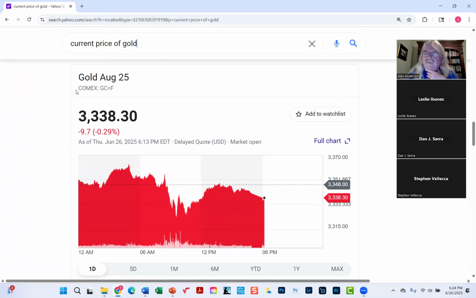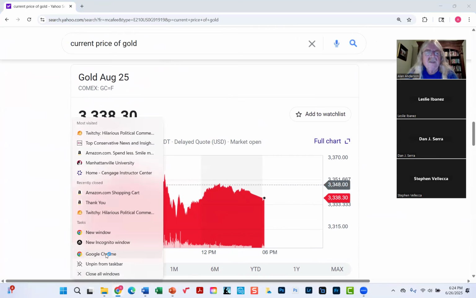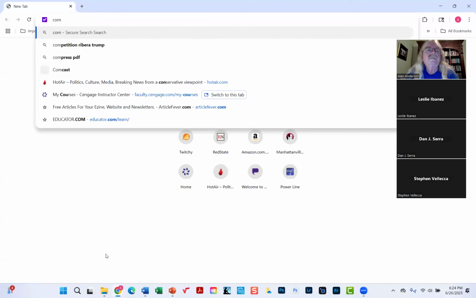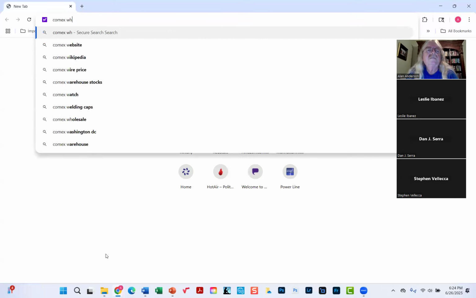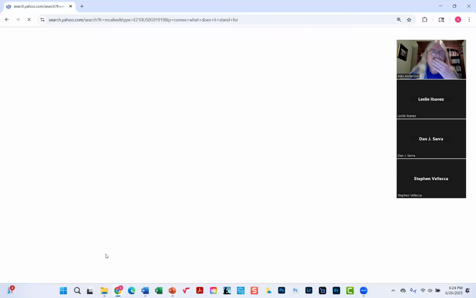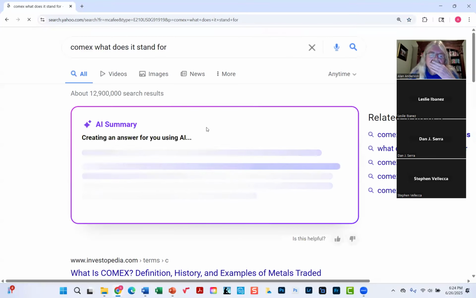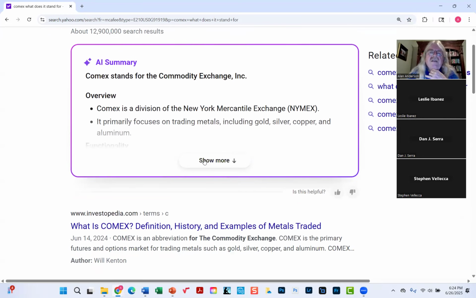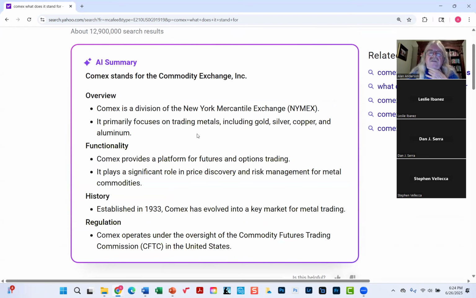I think it stands for Commodity Mercantile Exchange. Hold on one second. So this is a spot market. It's not a derivatives market. Oh, it's part of the New York Mercantile Exchange. It focuses on trading metals, including gold, silver, copper, and aluminum.